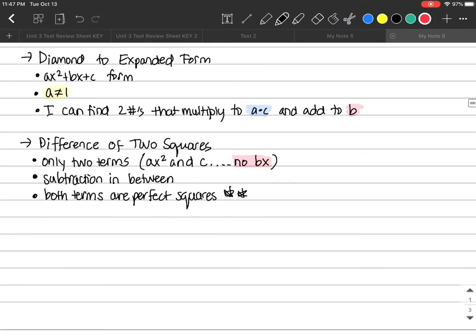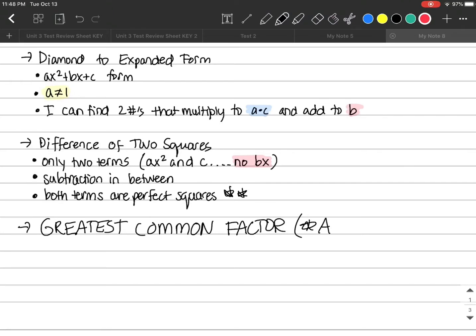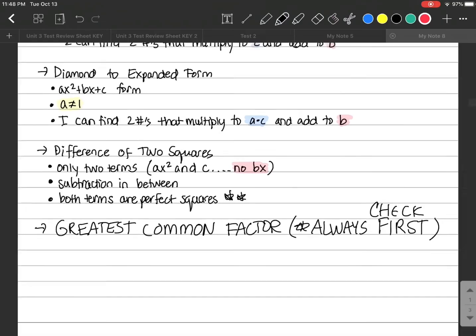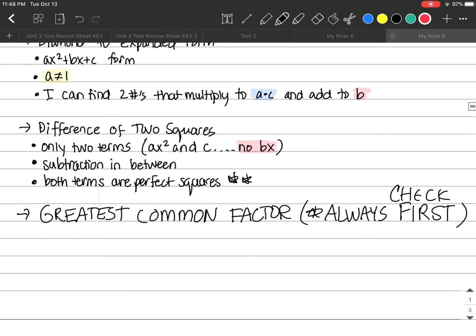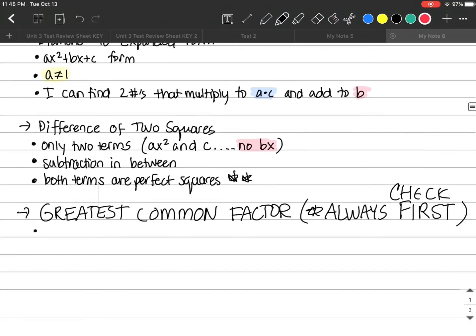All right, and then, sorry, this was the one I was supposed to talk about first: the greatest common factor. And this you always check first.